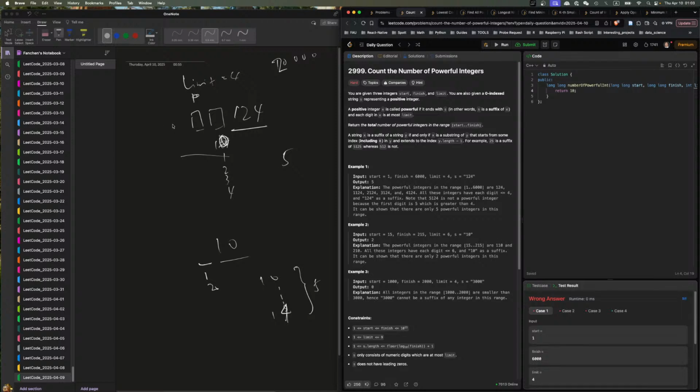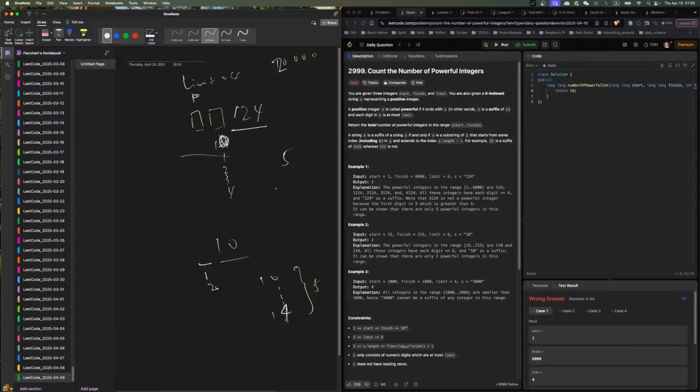Okay, so we have a suffix, right? Apparently, the first thing to consider is what's the most number of digits we can add? You know what, I think I'm gonna Python this, which will probably save a lot of hassle.